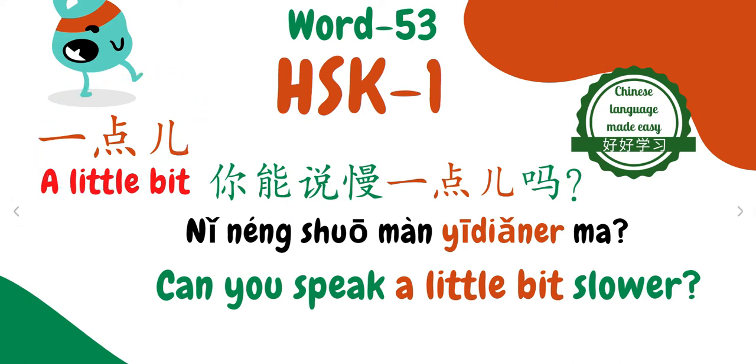So you're asking his permission and asking him if he can slow down his speed of speaking. 你能说慢一点吗？你 means you, 能 are you able to, 说 to speak, 慢 means slow, 一点 a little bit, 吗 a question particle. I told a lot about this particle. I hope that you know this now. So, can you speak a little bit slower?